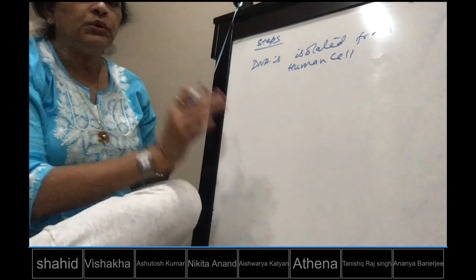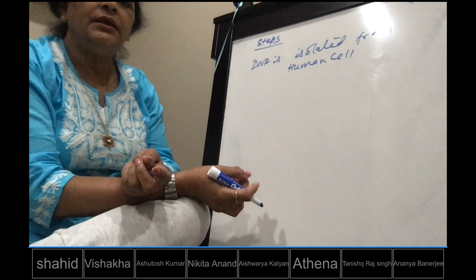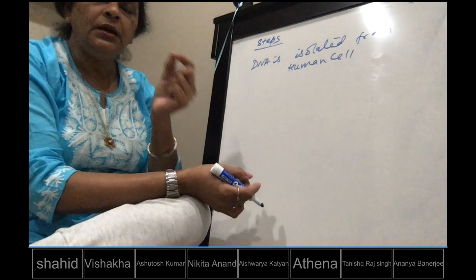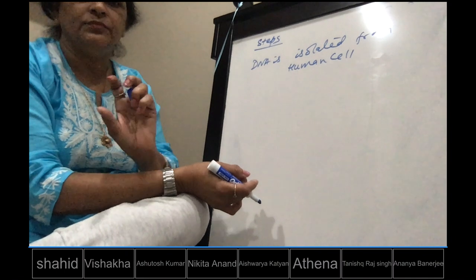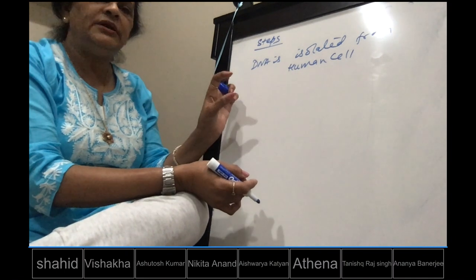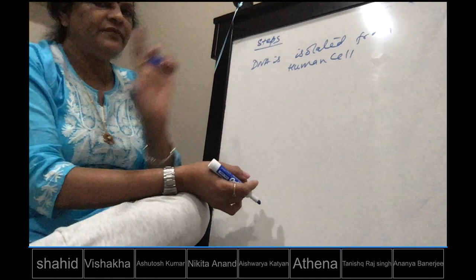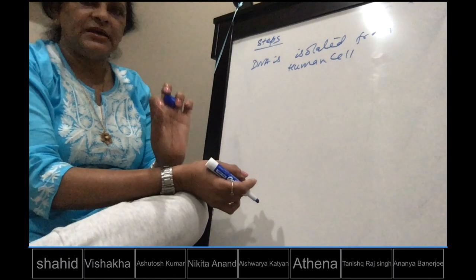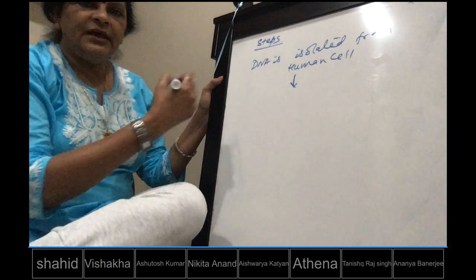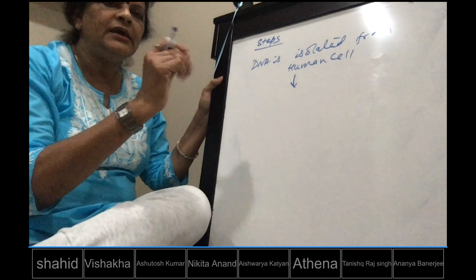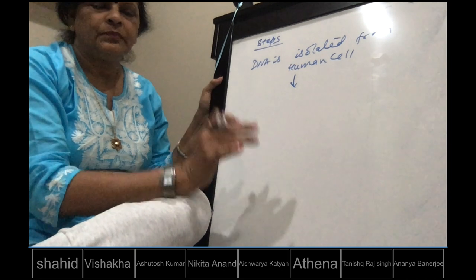Complete DNA, total DNA is isolated from the human cell. And you know that DNA you will find in the nucleus. So the entire DNA is isolated from the human cell. How it is isolated, this you will study in the biotechnology chapter, so we are not explaining it here. So DNA is isolated. Next point, after DNA is isolated, the DNA is broken down into fragments.